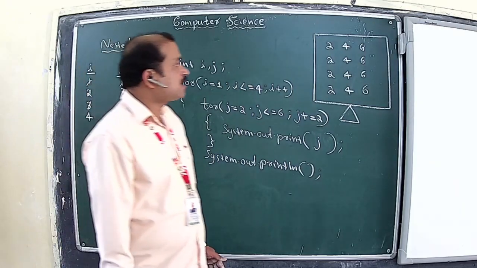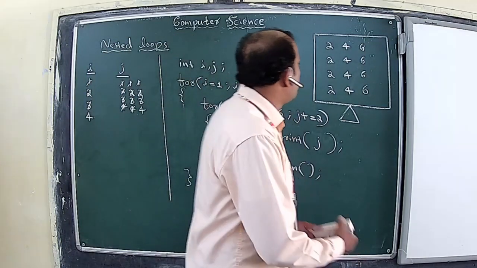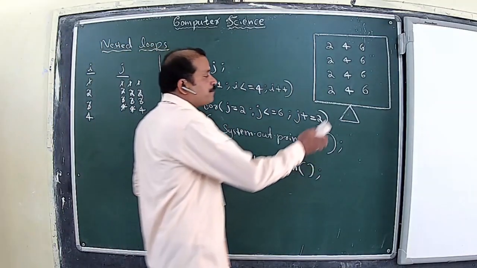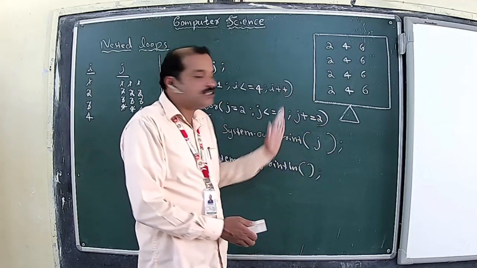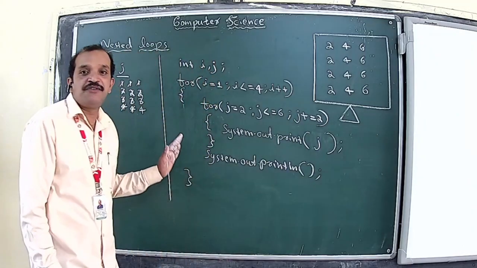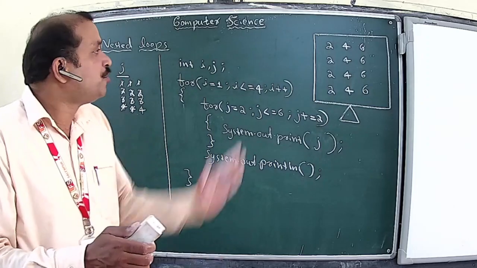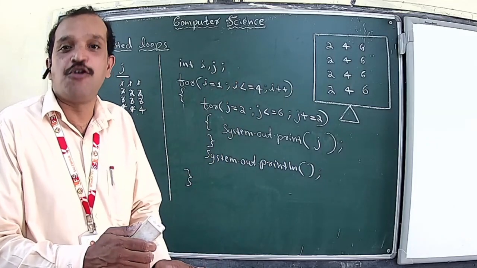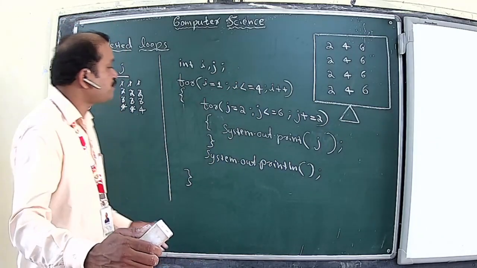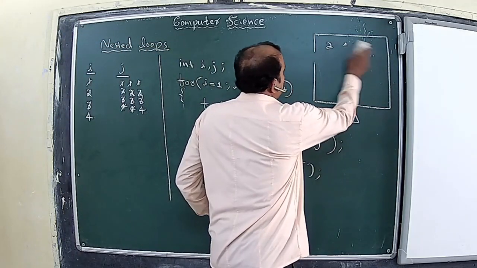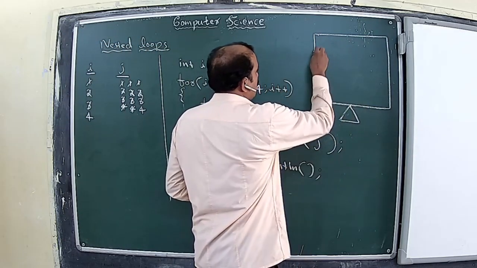Now there is another kind of pattern printing, and definitely the output is going to be a little different. Since this program is clear to you, have a final look at it before we proceed to our next example, which will use a different technique to produce a different type of output. Alright, so we are going to move to the next program with a different type of output here.